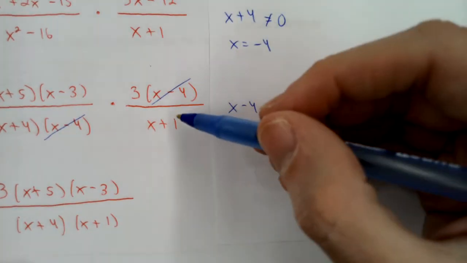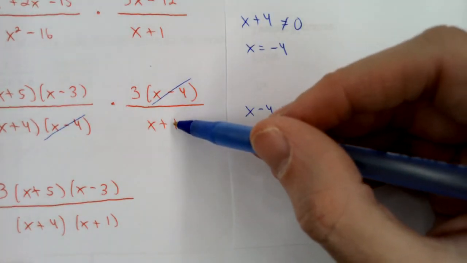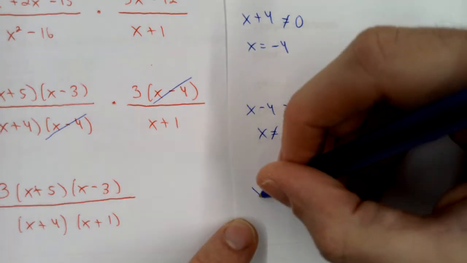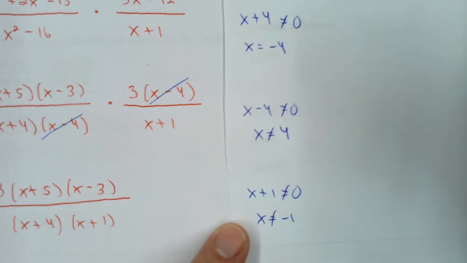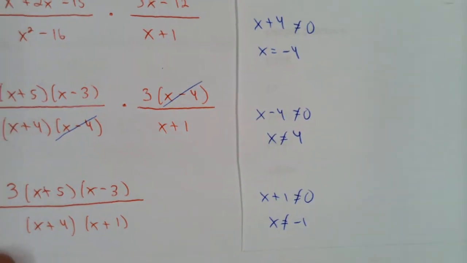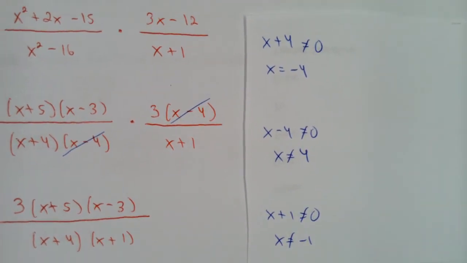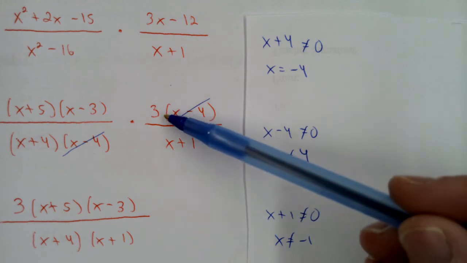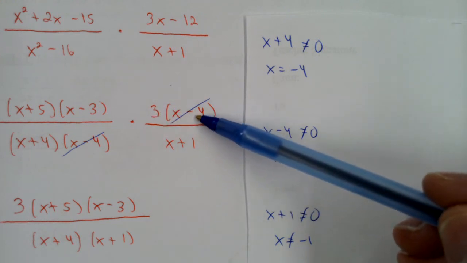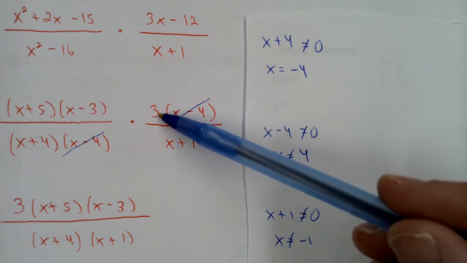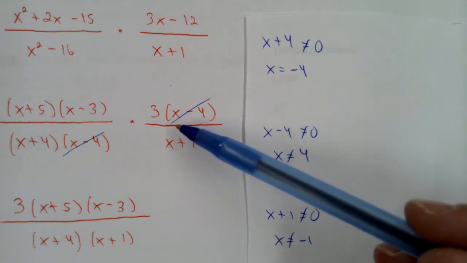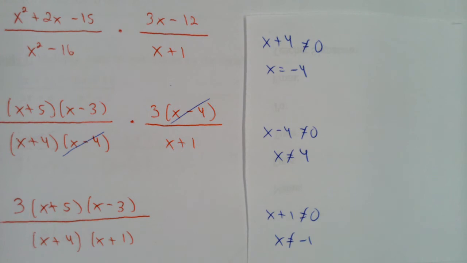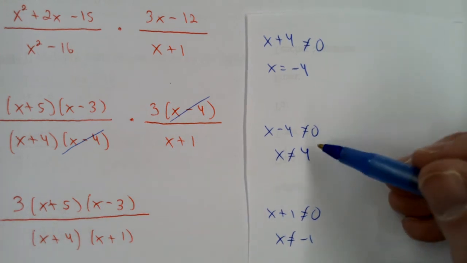You have to worry about this: x plus 1 cannot be 0, so x cannot be negative 1. And remember, the original denominator was actually 3 times x minus 4, so you also have to worry about that restriction. 3 cannot be 0, that's fine. x minus 4 cannot be 0, but we redid that one, so we're fine.